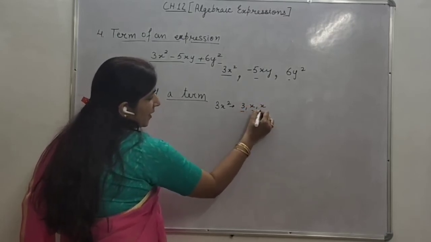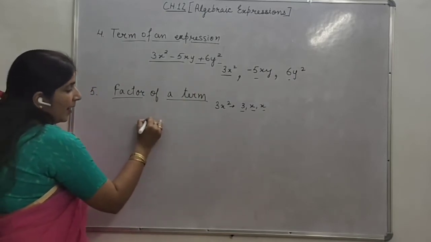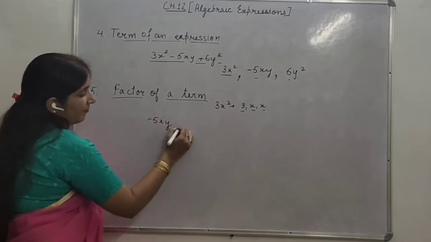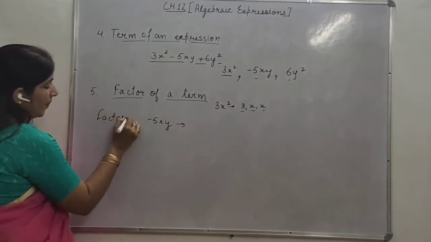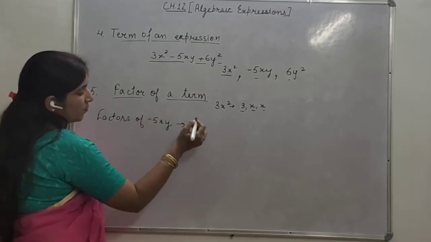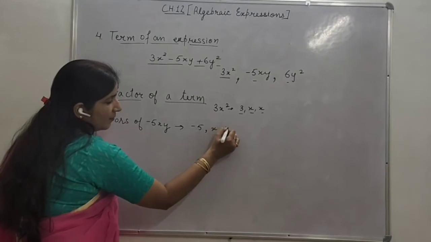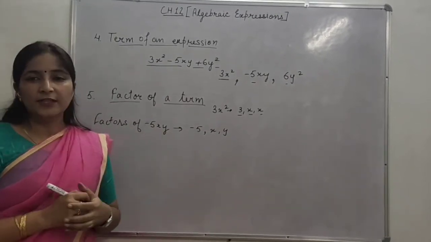So these are the factors of this term. And suppose we want to write the factors of this. So what can be the factors? The factors of minus 5xy will be minus 5, x and y. So these are the factors of a term.